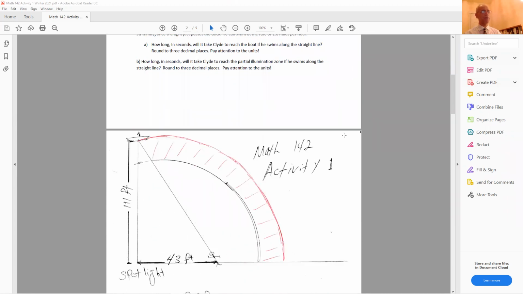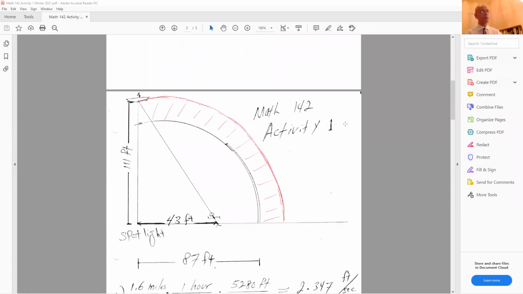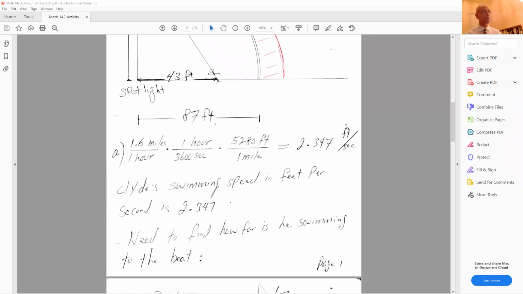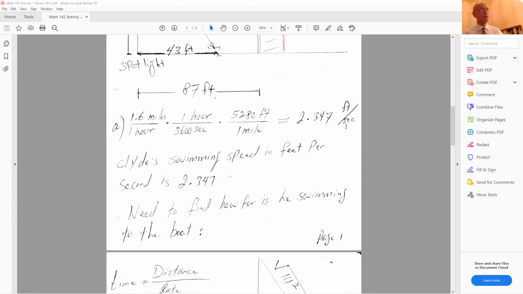Okay, so here's my PDF file. For part A, the first thing that I need to do is convert the speed of Clyde swimming into feet per second from miles per hour.